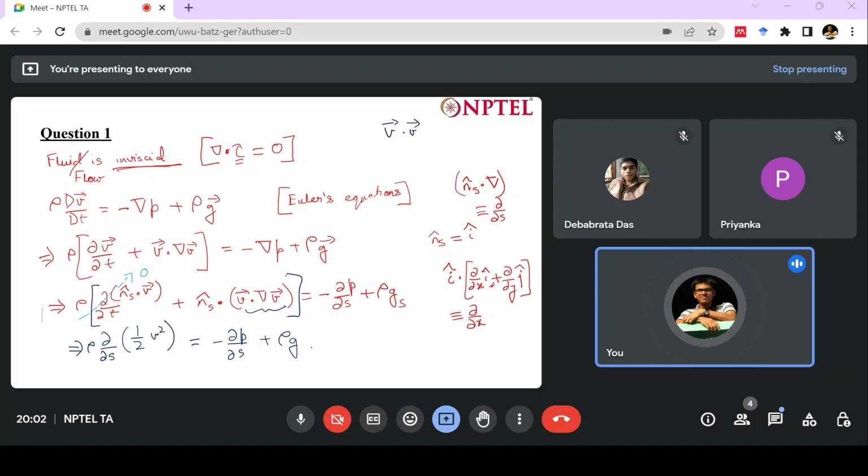If I integrate this, what will I integrate along? I will integrate along s, so it will be integrated along the streamline direction.